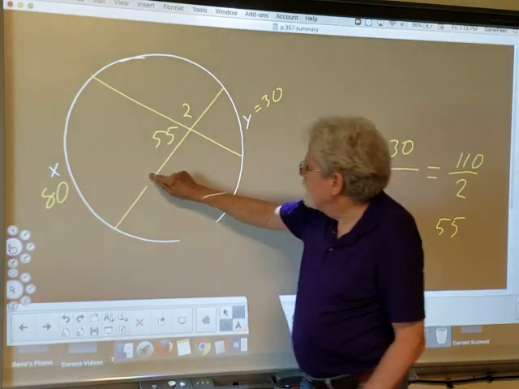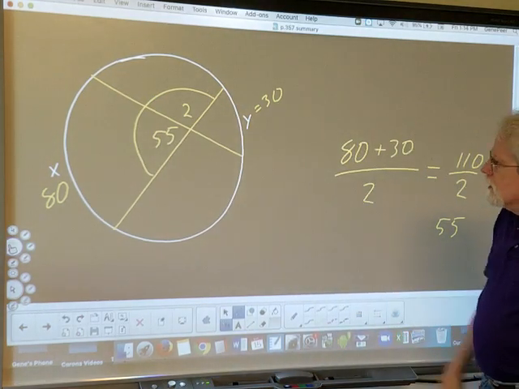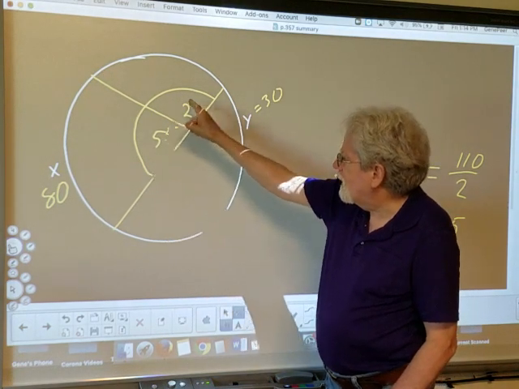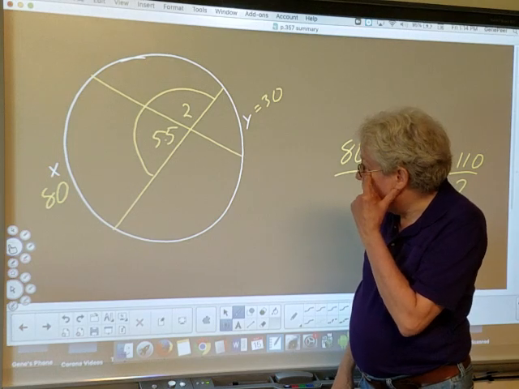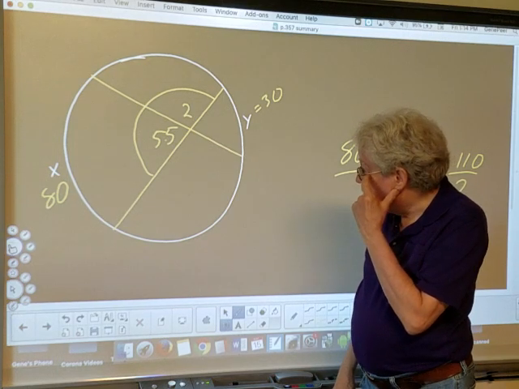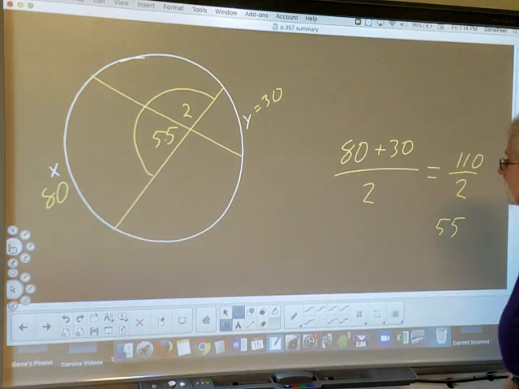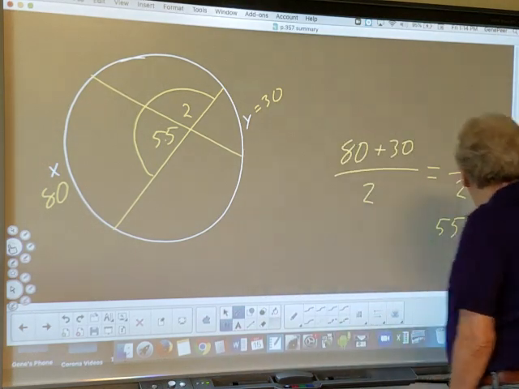Well, of course not, because we know that these two have to add up to 180. So we find this one first, and we use that knowledge to find angle 2. So angle 2 would be 180 minus 55, which will be 125. So don't let them fool you with a question like that. All right, let's move on.